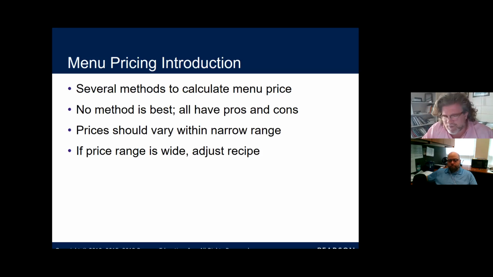If I base the price on the cost, there is no way the prices for those two entrees are going to be anything alike. For a guest to go into a restaurant and find one entree that is $40 and one entree that's $200, that doesn't work. We tend to have things within price ranges. Every item on the menu will fall, say, between $40 and $55. So we tend to group our prices that way.